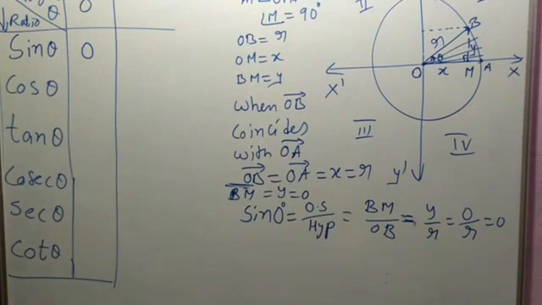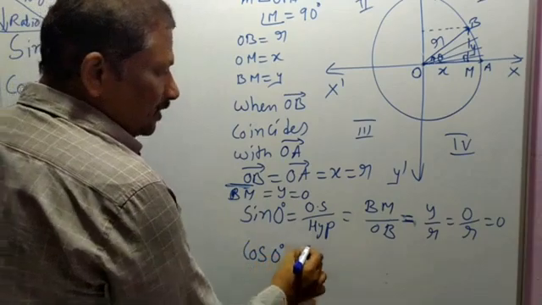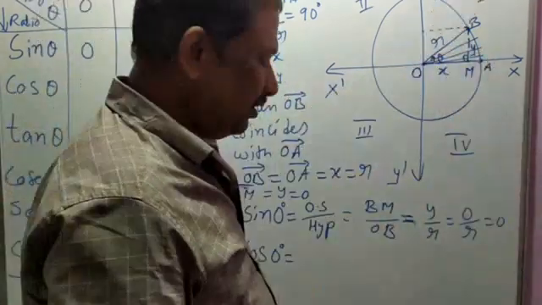In the same way, we will find cos 0 degrees. Cos is adjacent side by hypotenuse.